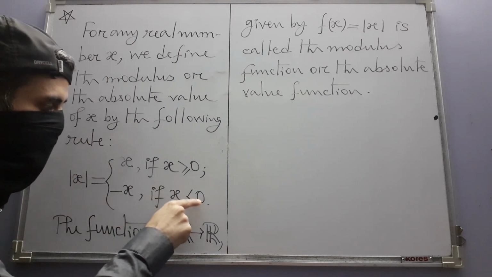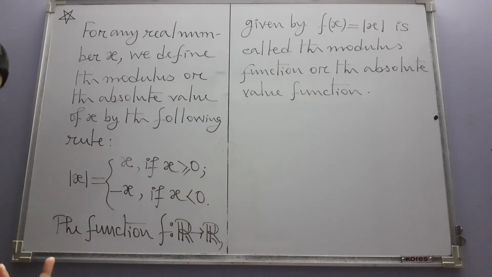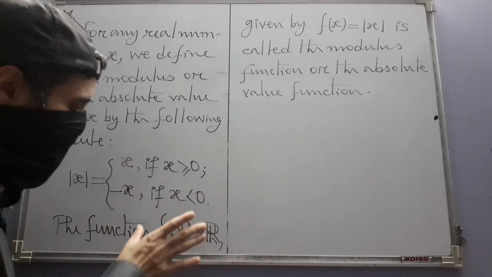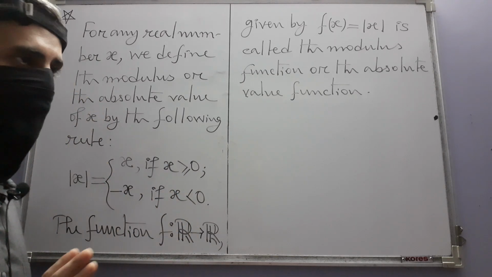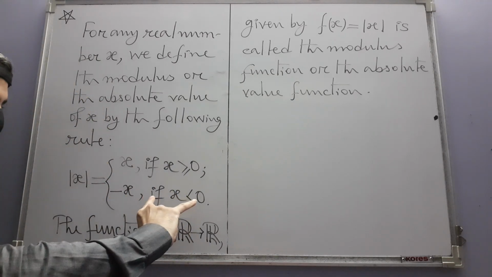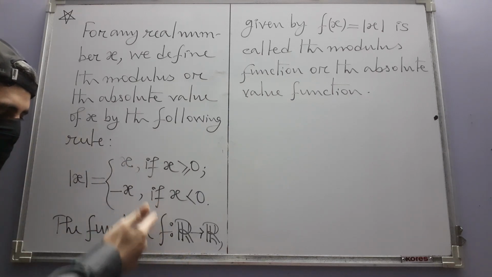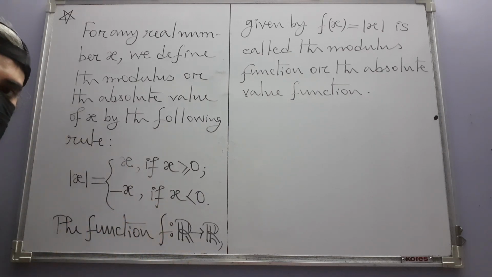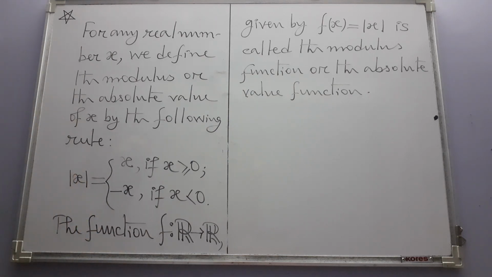Similarly, if x is negative, then the output is minus x, which is again a unique real number. And that is why this is indeed a legitimate function. Actually, here itself we have defined the function, but we are giving it a name, a letter, say f. This itself is the absolute value function.